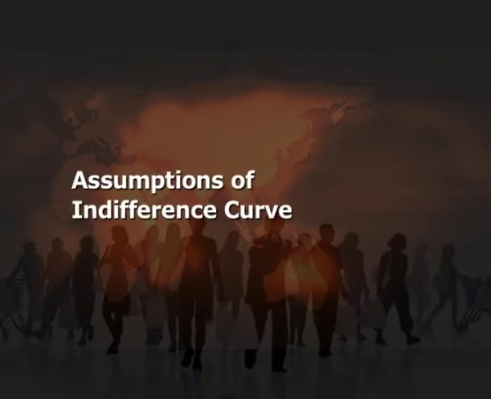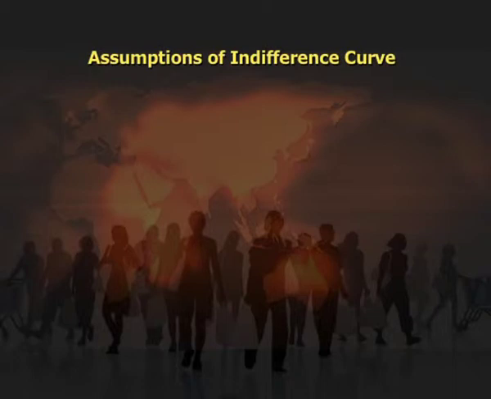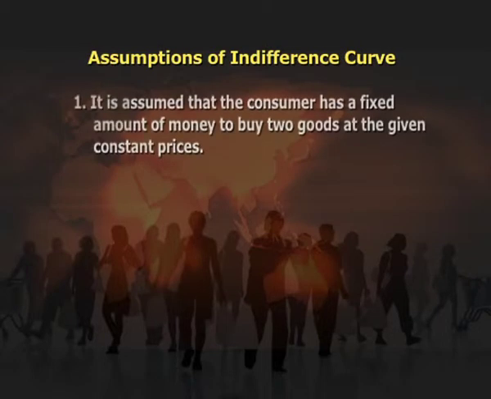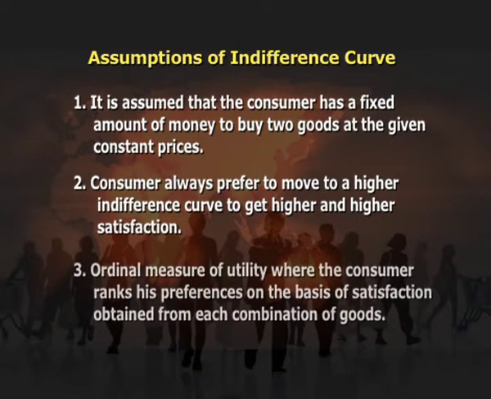Let us discuss certain assumptions of indifference curves. The indifference curve approach is based on these assumptions. First, it is assumed that the consumer has a fixed amount of money to buy two goods at a given constant price. Second, the consumer always prefers to move to a higher indifference curve to get higher and higher satisfaction. Third is ordinal measure of utility, where the consumer ranks his preferences on the basis of satisfaction obtained from each combination of goods.